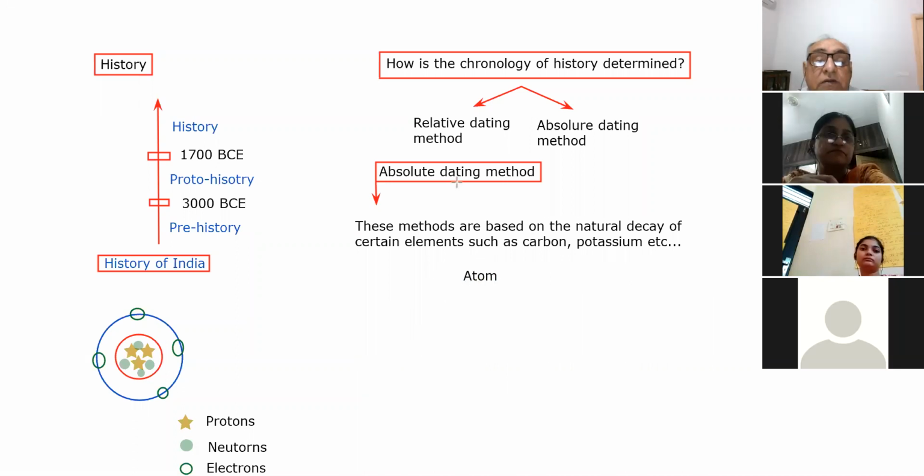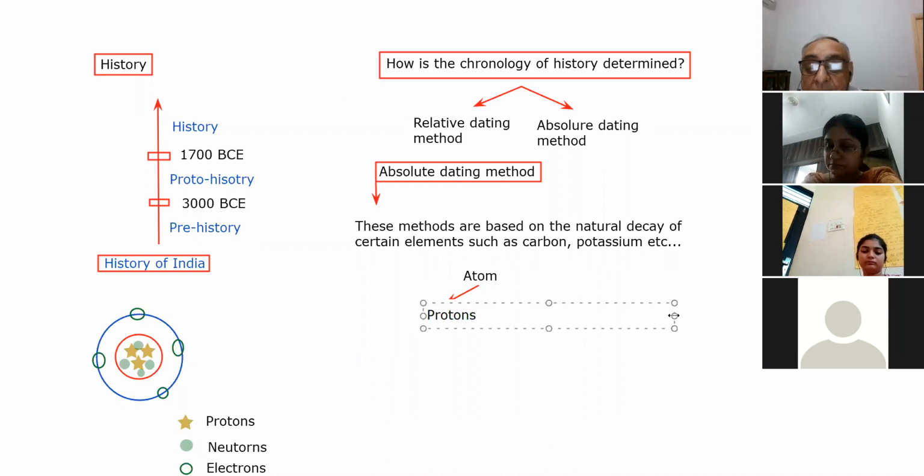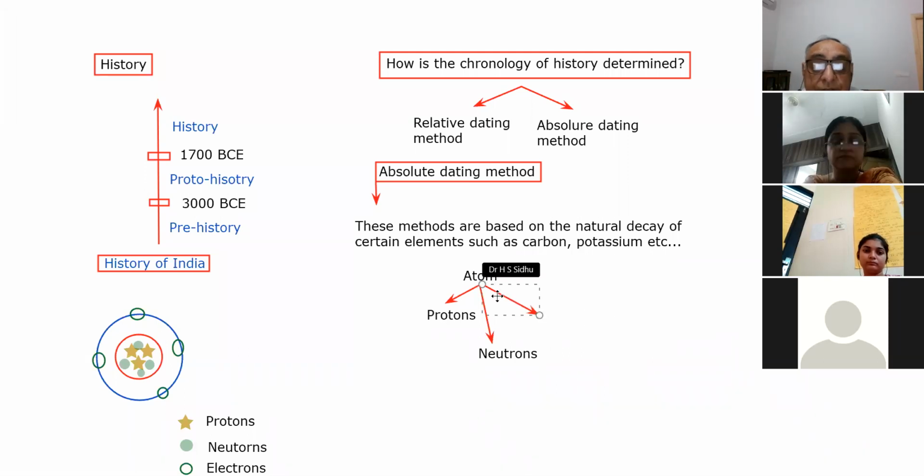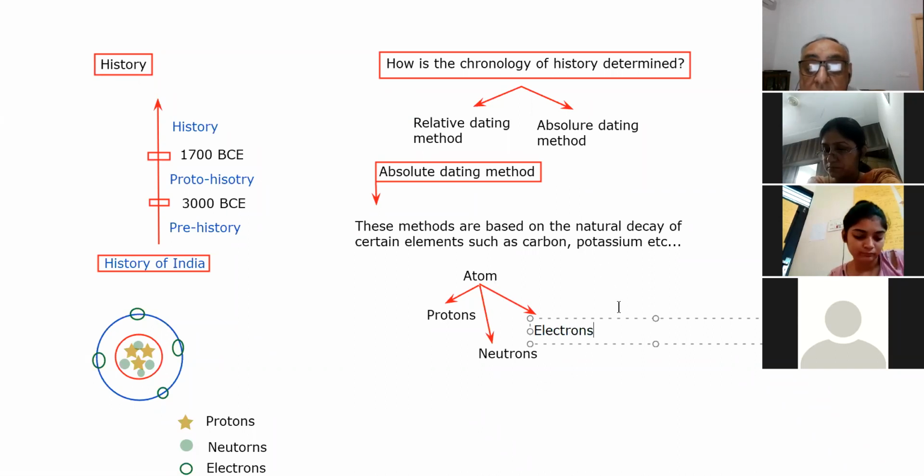One is the protons, the second thing you will find is the neutrons, and the third thing which you will find is the electrons. So these are the three things.